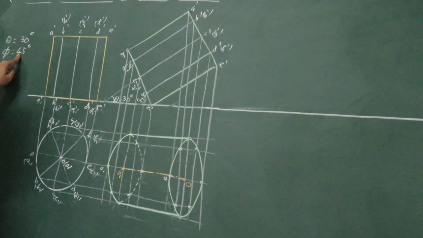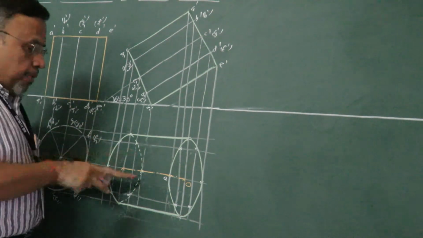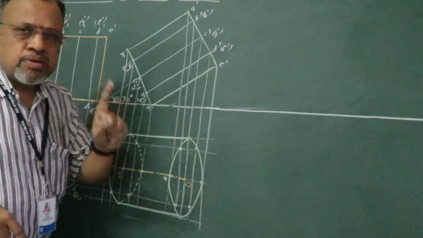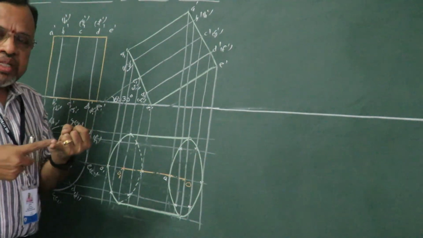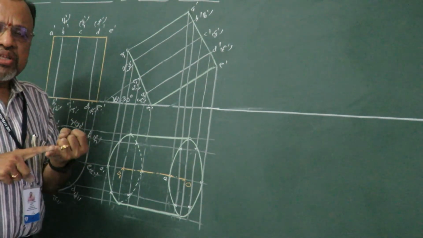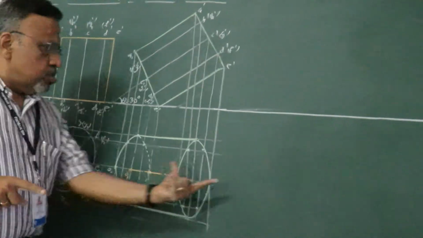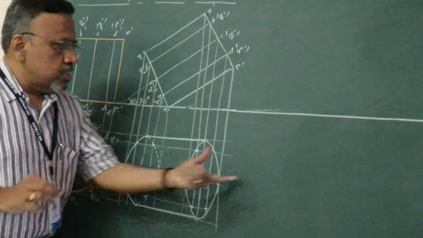True angle. So I cannot mix true angle with apparent length. I need to find the apparent angle. Always remember, whenever you are doing any problem, apparent angle should go with apparent length and true length will go with true angle. Is it okay? Now anyway, I need to find the apparent angle. To find the apparent angle, this is the procedure.